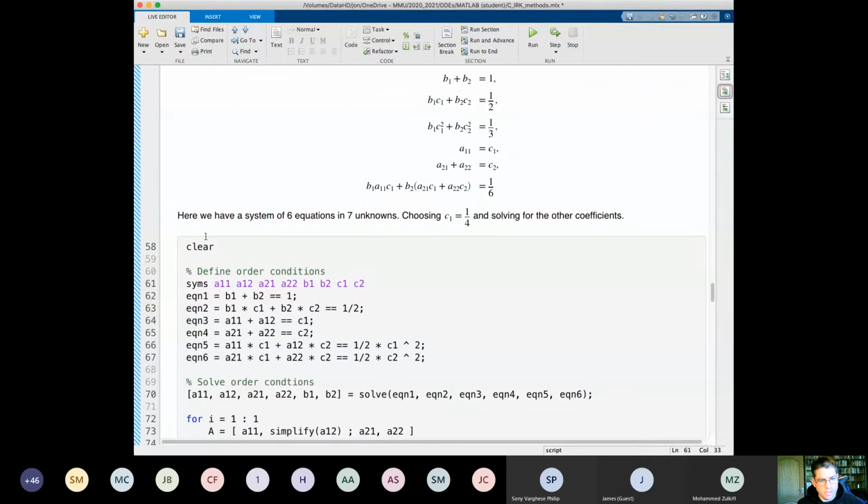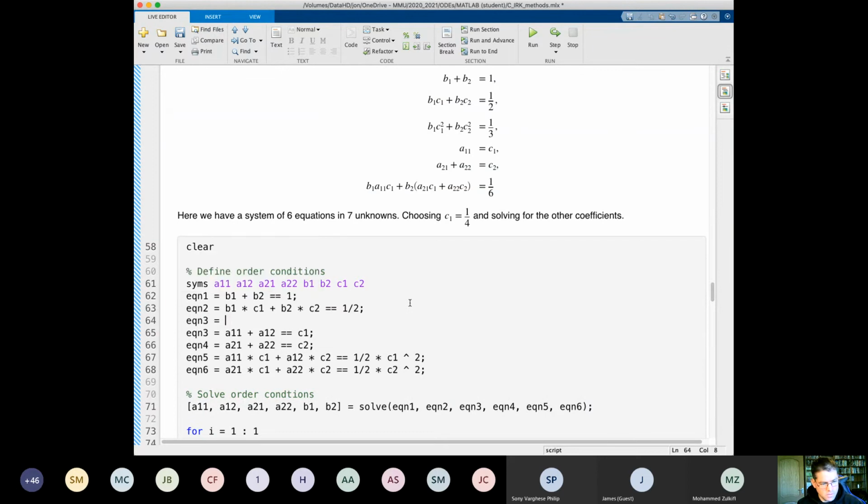So my first two are okay, equation 1 and equation 2. My third equation, I need another one of the B conditions, but this time with C1 and C2 squared, and that's 1 over 3. My fourth order condition is the row sum, but remember A12 is 0, so I'm just going to delete that. And that one's the same.